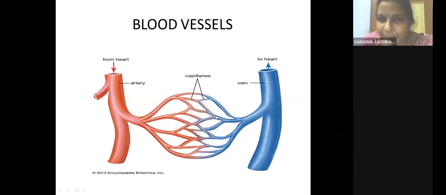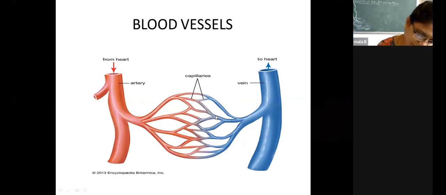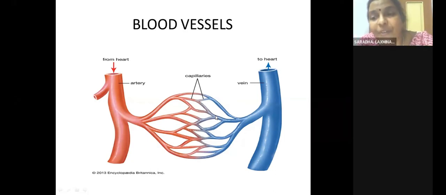Actually, one more logical answer here is that arteries are very deep in our body. Veins are superficial. Veins are only present on the upper regions of our body, whereas arteries are deep inside.